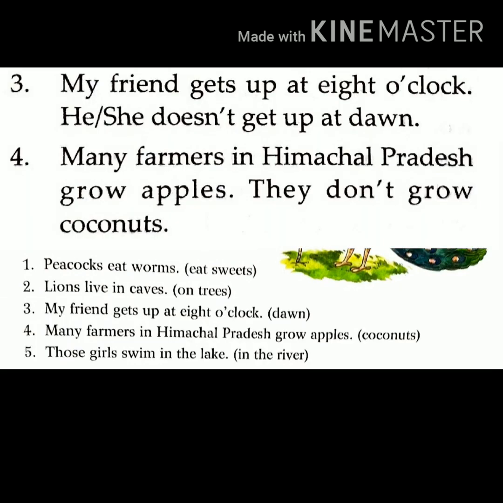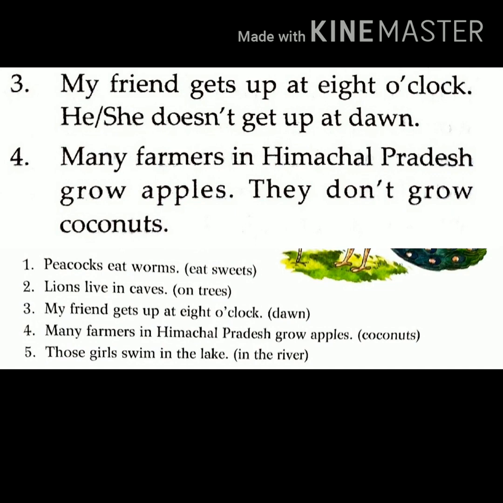Yes? Next, my friend gets up at 8 o'clock. So the answer: my friend gets up at 8 o'clock. He or she doesn't get up at dawn. Fourth one, many farmers in Himachal Pradesh grow apples. In place of apples, you have to use coconuts. So what will be the sentence?